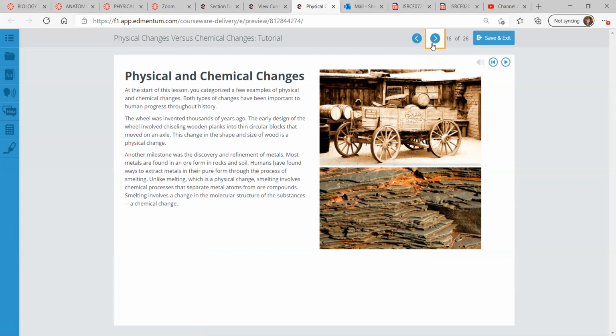Sounds like melting, but unlike melting, which is a physical change, smelting involves chemical processes that separate metal atoms from ore compounds. Smelting involves a change in the molecular structure of the substances, which is a chemical change. So here we have a cart example, and then the smelting of ore.